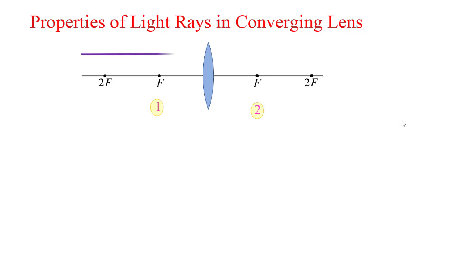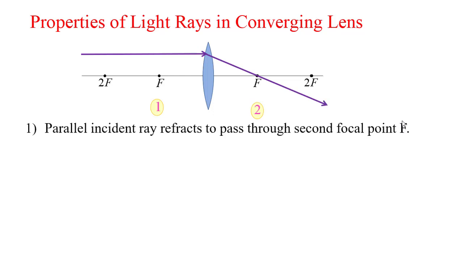Let us see properties of light rays in a converging lens. This is a converging lens. Let us call the left focal point 1, and the second focal point 2. This ray, which is coming parallel to the principal axis, passes through the second focal point. So, a parallel incident ray refracts to pass through the second focal point F. This is one of the important properties of light rays in a converging lens.